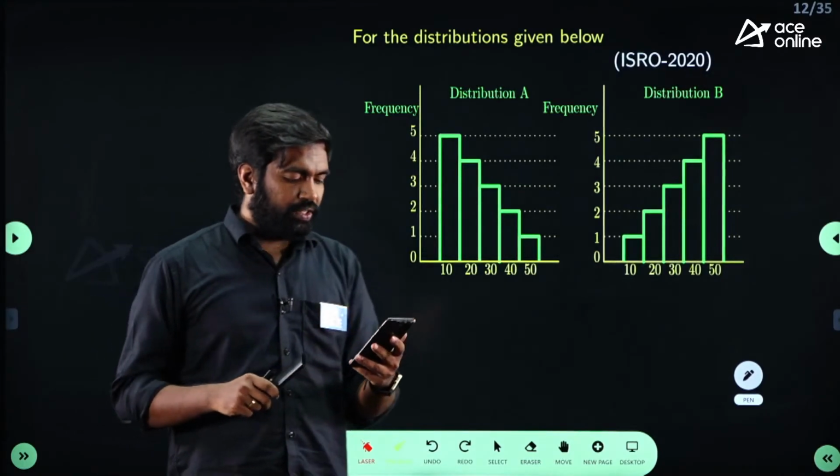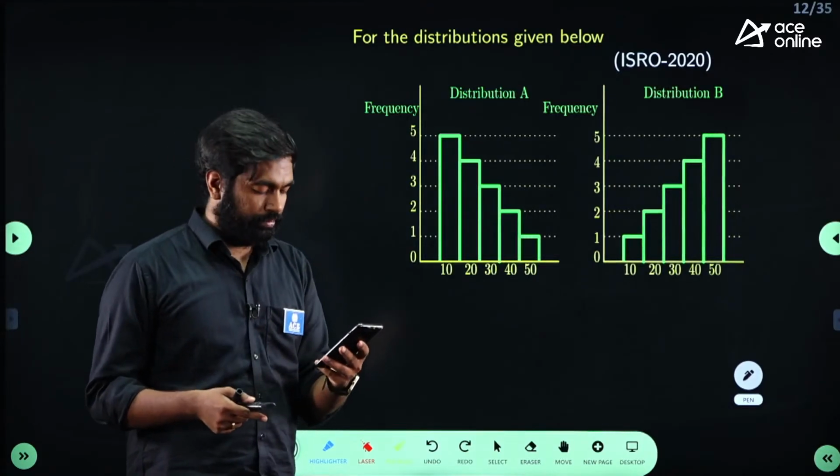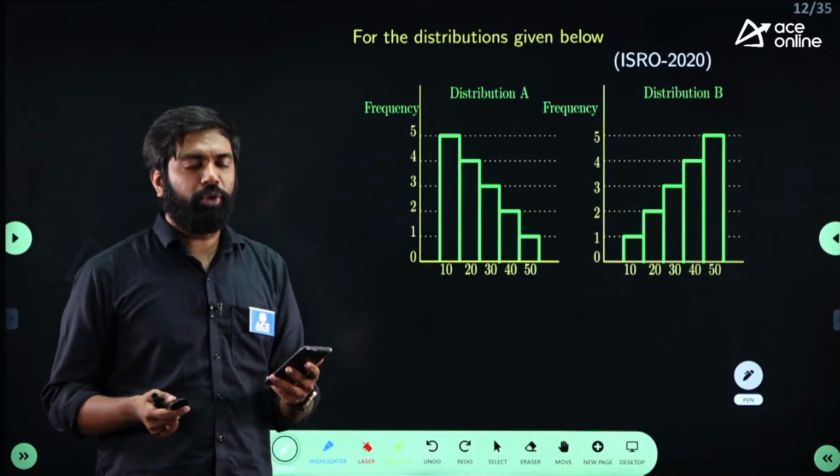So far no one has answered. Let's wait for a few more, 10 more seconds. I just want to know your opinion before I solve this.